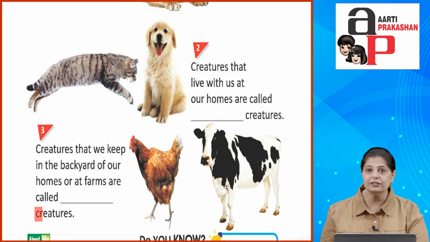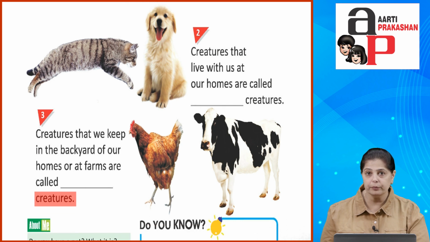These are domestic creatures or domestic animals, as we say in general terms. For example, a hen or a cow. We use them for different needs of ours, like we get milk from a cow, we get eggs from a hen. So they help us also by providing us with their produce.